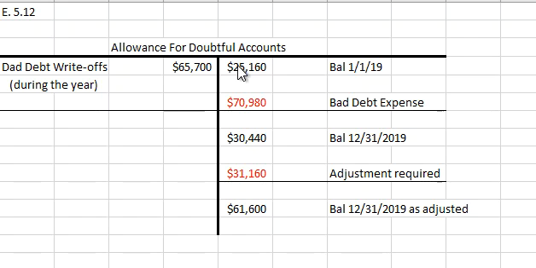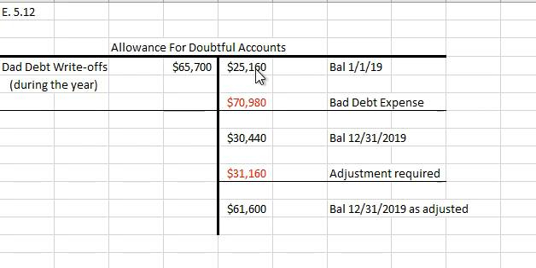But allowance for bad debt is what it was called for years in the United States, and it's still called allowance for bad debt with every other country that I know of, other than the United States. But here we call it the allowance for doubtful accounts to sound like it's not so definitive, right?